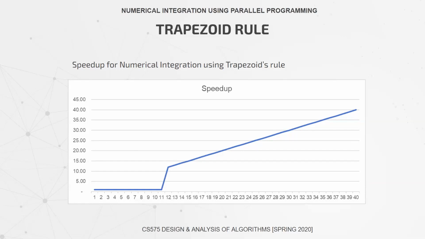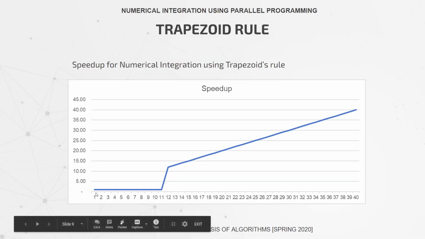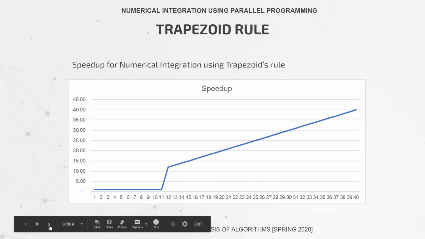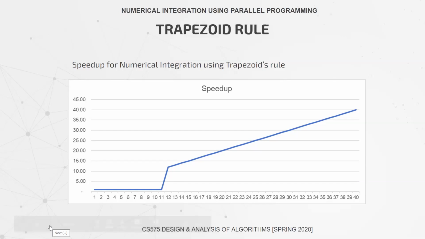If the whole program is run in a single thread, then the time taken is more. Whereas if it is run across 40 threads, then the speedup occurs. That is the meaning of the slide.